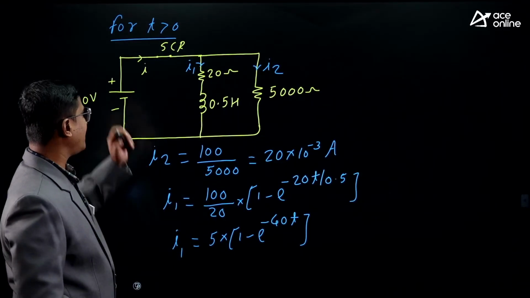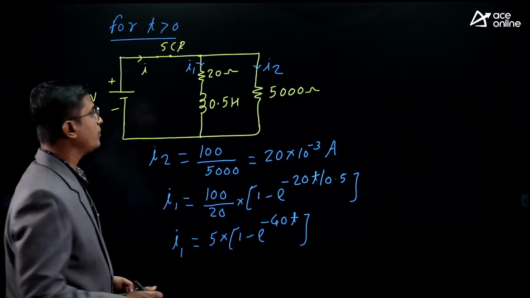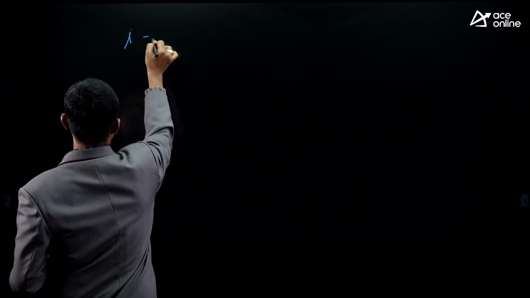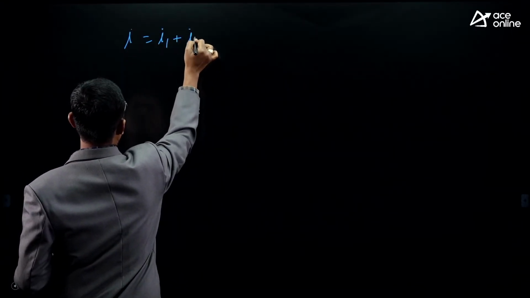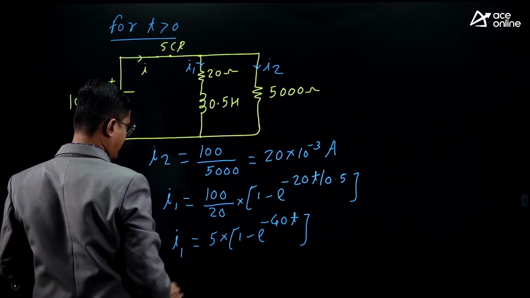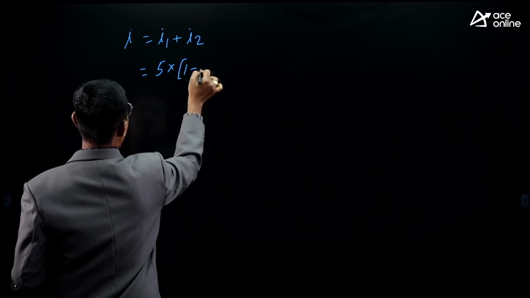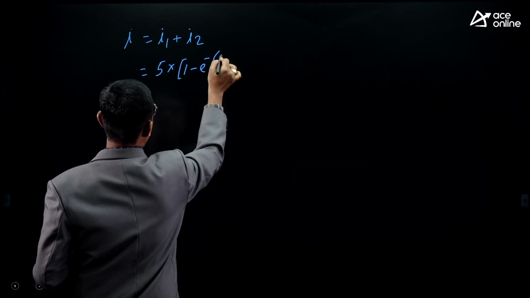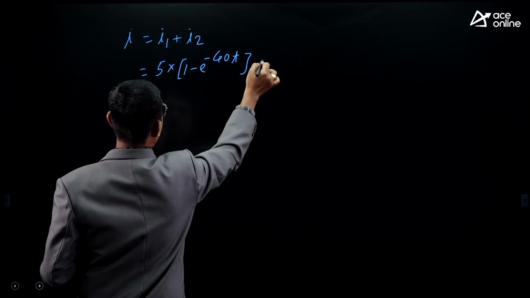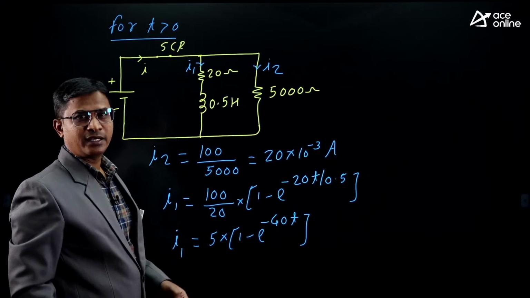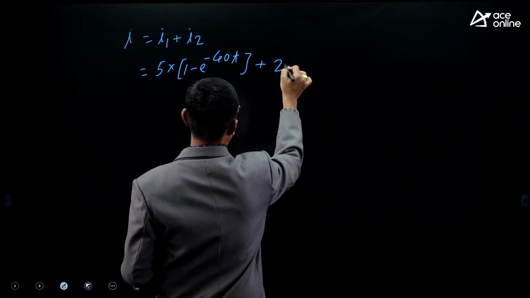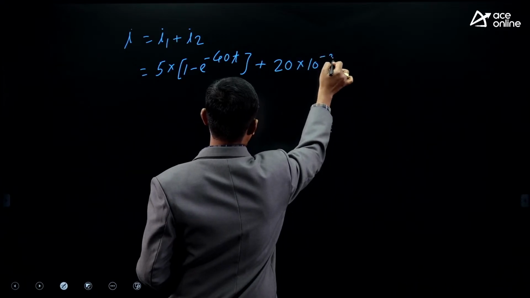So what is this SCR current I? I is equal to I1 plus I2. I1 is 5 into 1 minus e to the power minus 40t, plus I2 is 20 into 10 to the power minus 3.